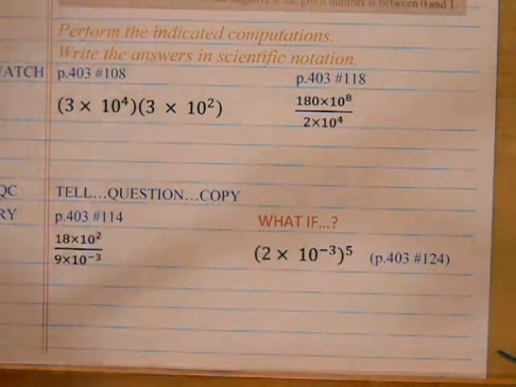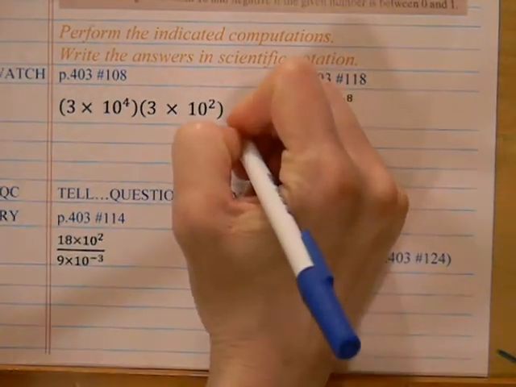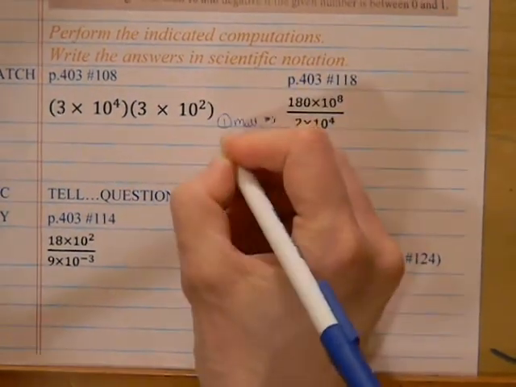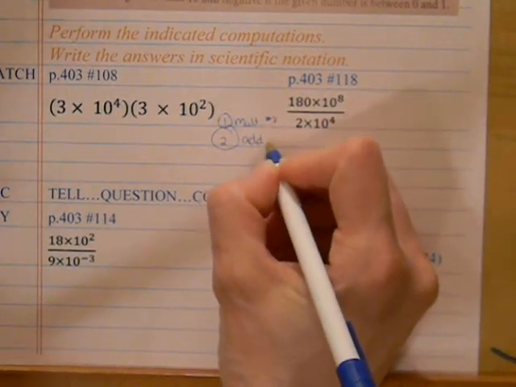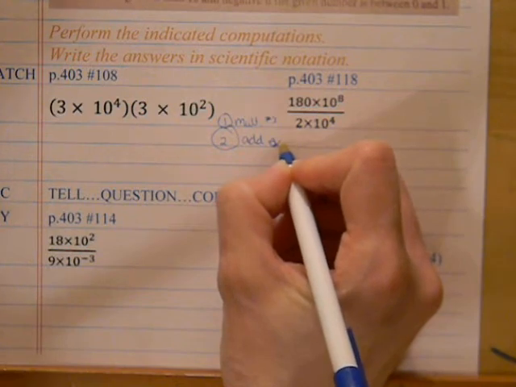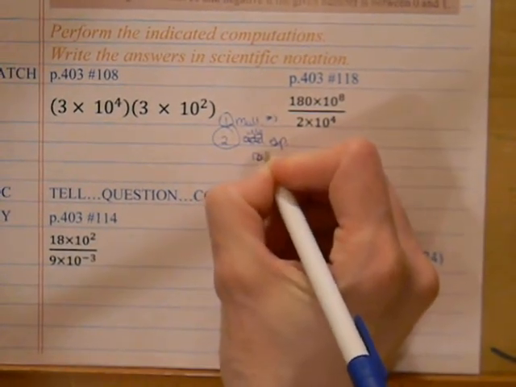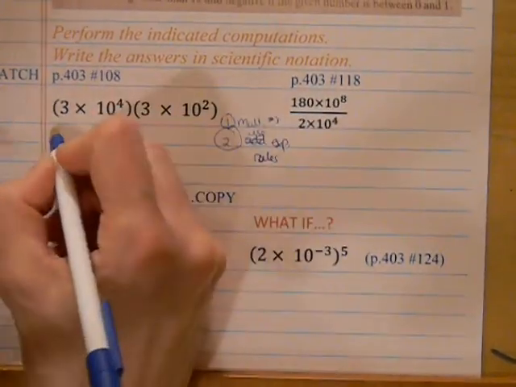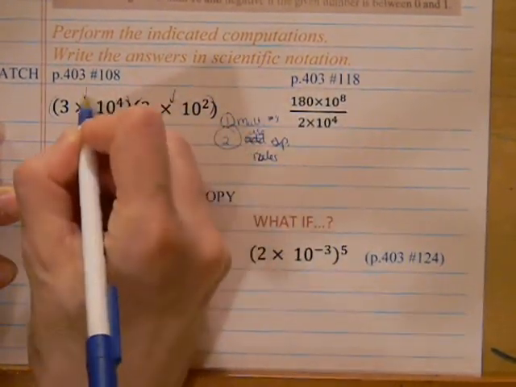When you multiply two numbers in scientific notation, you multiply the numbers just like you would, and then you would use exponent rules. In this case, we're multiplying 10 to the 4th times 10 to the 2nd, because really what you've got here is all multiplication. The parentheses mean multiplication, and so do the times here.